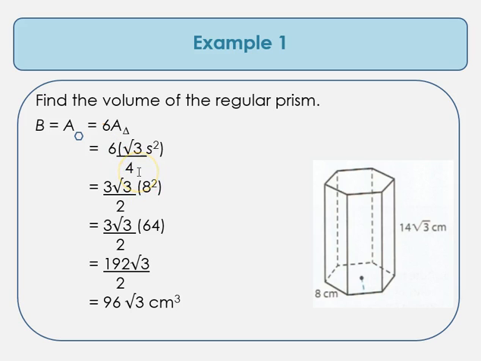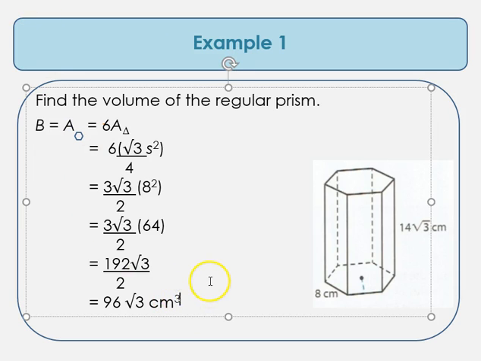6 and 4 can both be reduced by 2, so doing so we end up with 3 square root of 3 over 2, and the sides are 8 centimeters, so it's times 8 squared. That's 3 square root of 3 over 2 times 64. 3 times 64 is 192. 192 divided by 2 is 96 square root of 3 centimeters cubed.